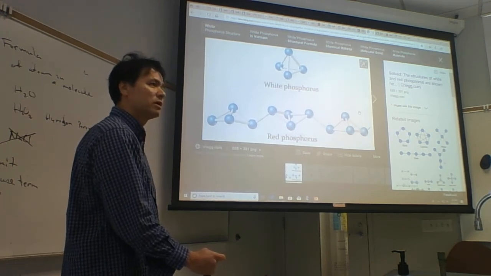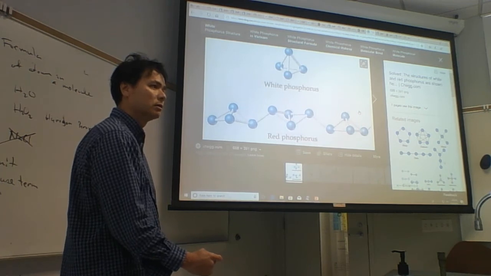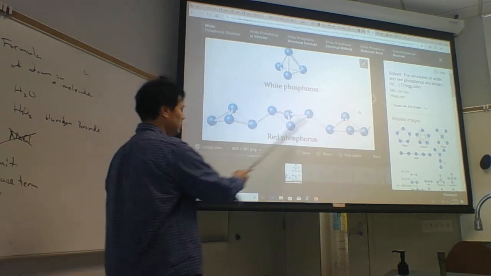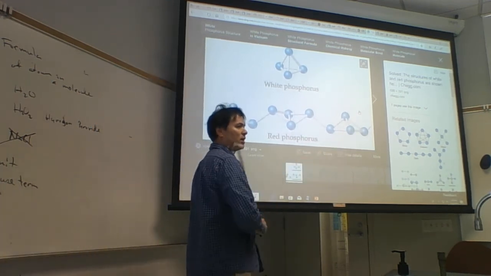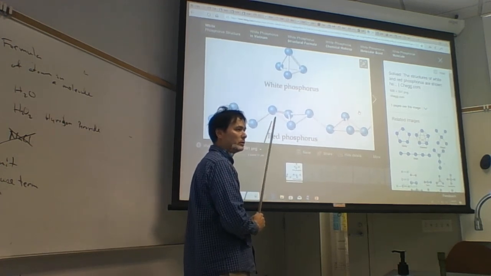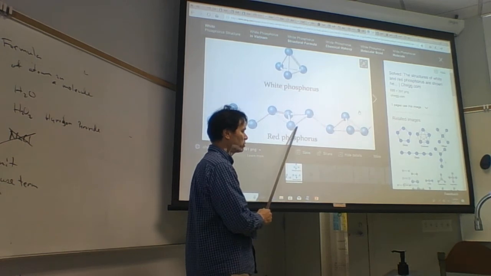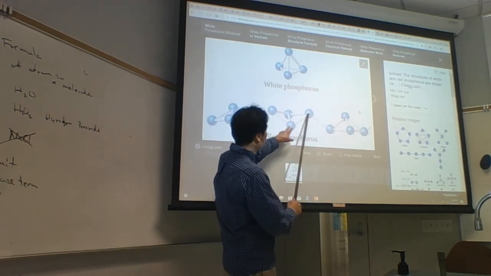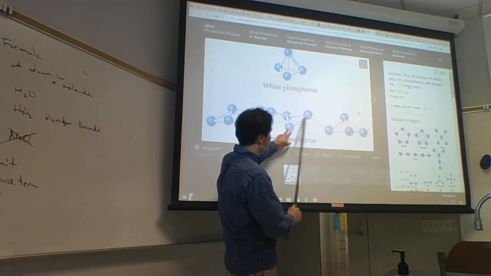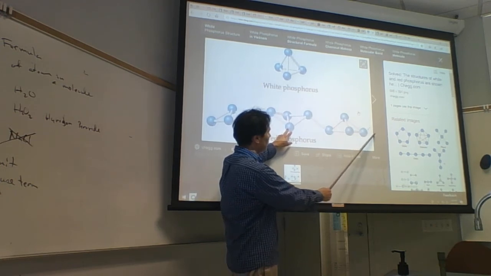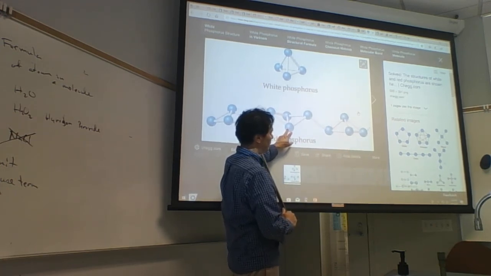Do you see a discrete beginning and end to the molecule? Does the molecule begin here and end there? Then we just count the atoms. No, it doesn't. In fact, this is what we call a polymeric structure. This is what we call a monomer here, and these monomers are connected together to form a polymer, a longer chain.